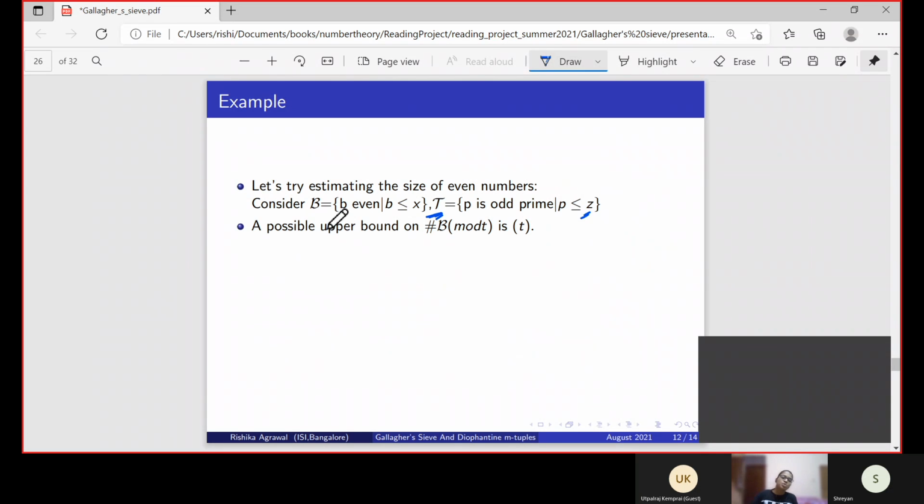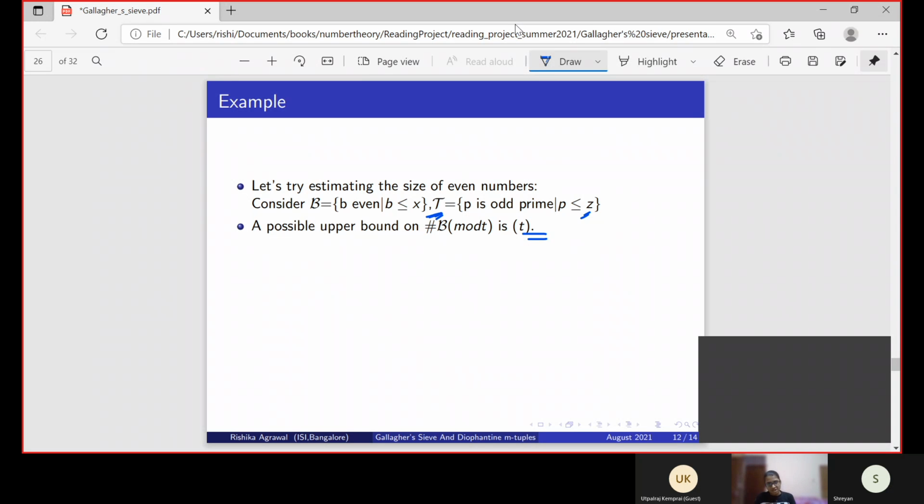This would be the most vague upper bound mod T of any set, that is T. Maybe T minus 1 would be a better one, but just to make things easier, I have written it as T, because we just want to see the conditions that we need and how to apply the sieve.